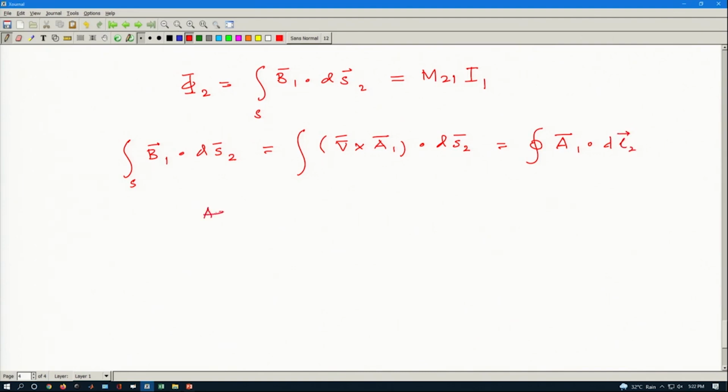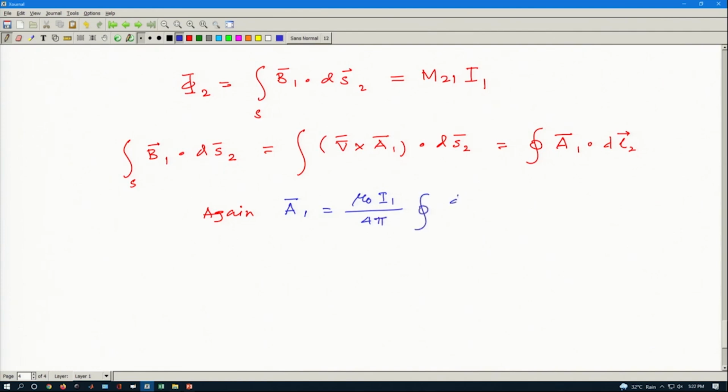Again, I have A1 is mu 0 I1 divided by 4 pi, that we also calculated.